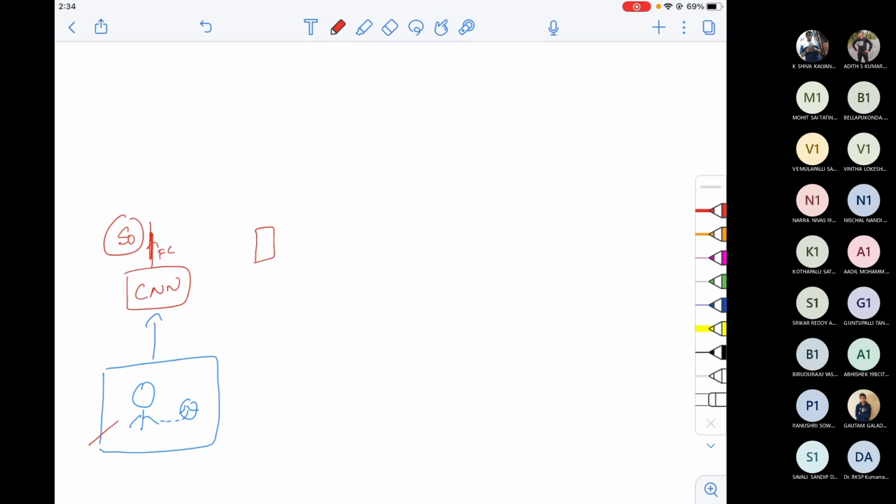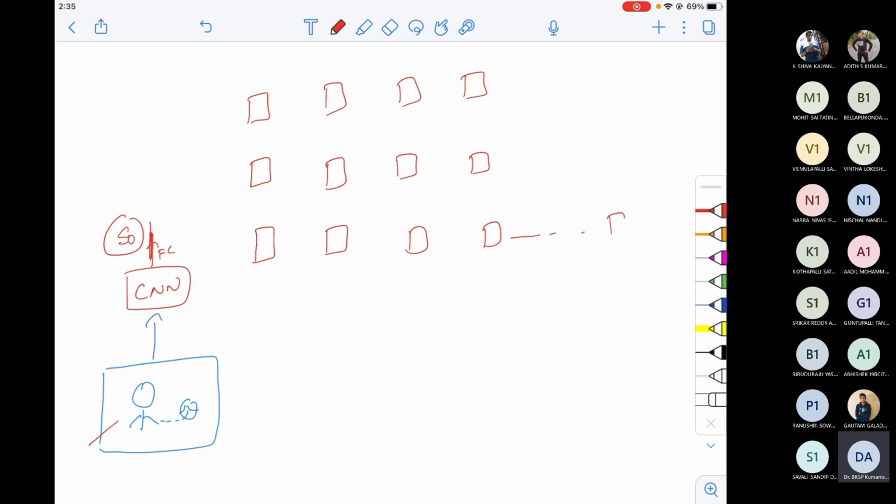I have an input, I have an output, and again hidden representation, input, hidden representation, output, input, hidden representation, output. Like this, it goes on. I don't want to do all the connections, it is time consuming.